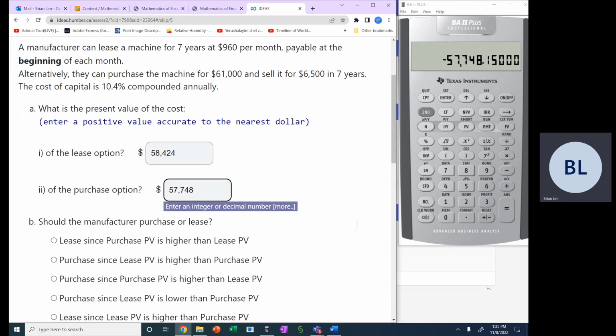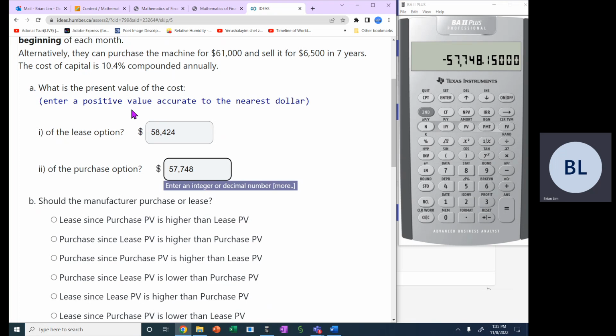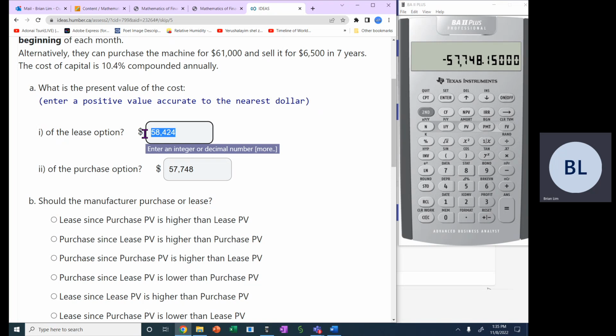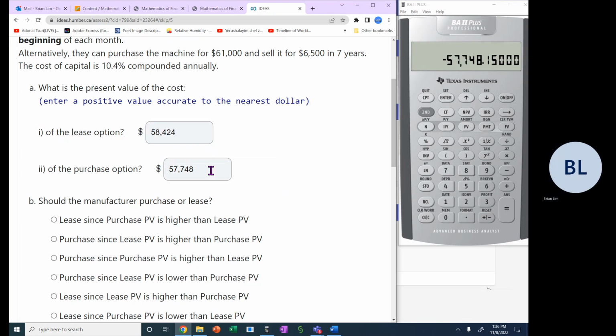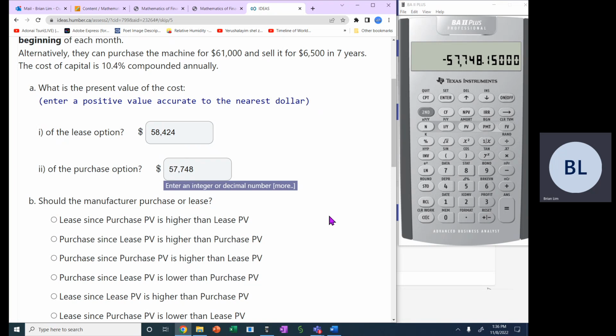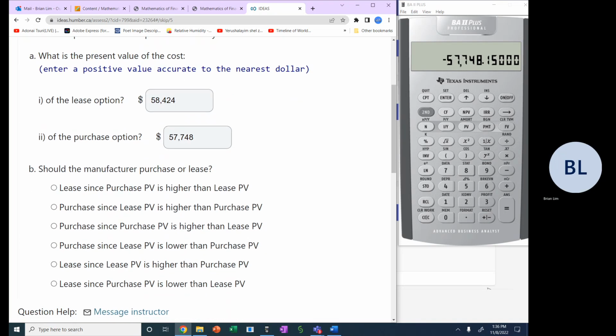Okay, so what is happening? Well, we have to enter positive values, but we know we're paying. So this is the larger payment or outflow. This is the smaller outflow. So this will cost us less. All right, so let's see the options.